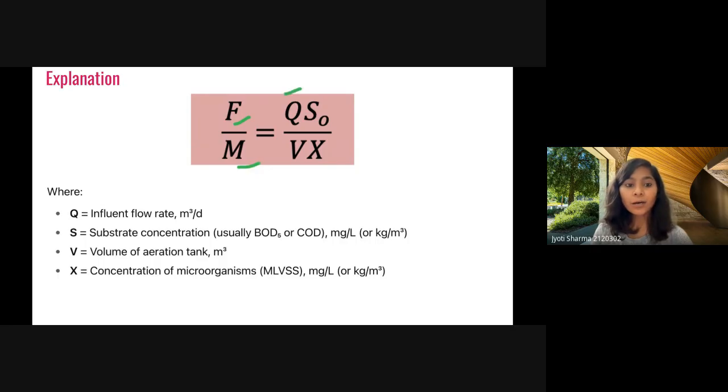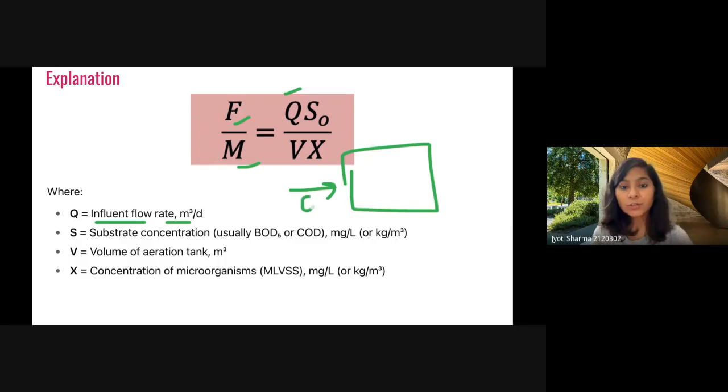Q is your influent flow rate, the rate at which wastewater is coming into the aeration tank. S0 is your substrate concentration, so how much BOD we have in that wastewater.